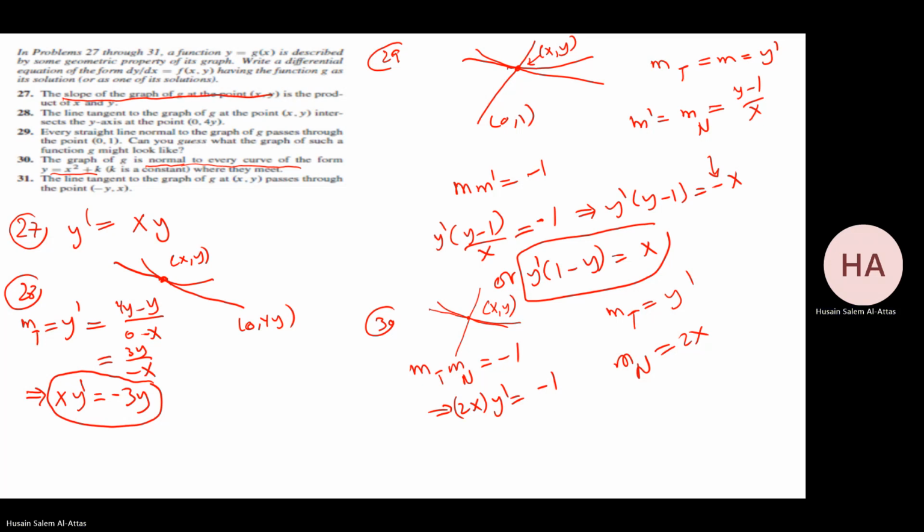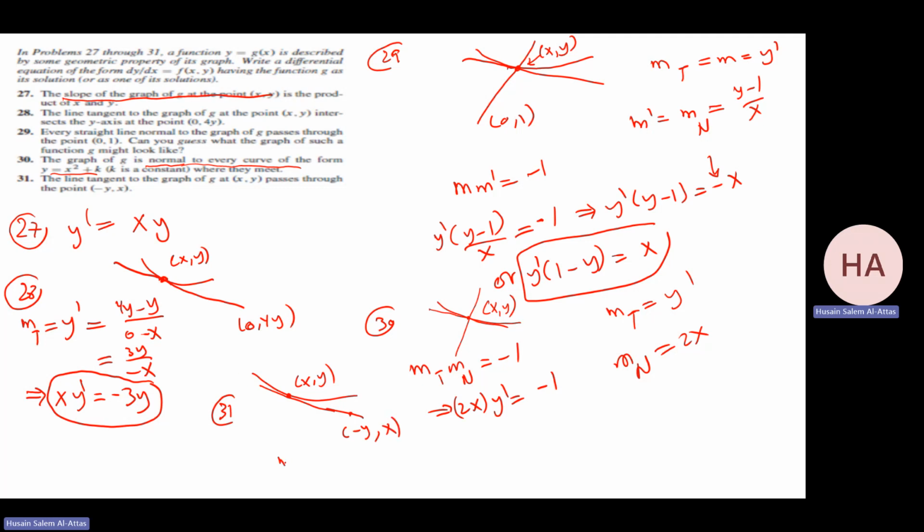31. The line tangent to the graph of this passes through this point. So 31, let me do it here. Yeah, this is easy. I have, this is X and Y, and the tangent line also passes through minus Y and X. Here or there, who cares?